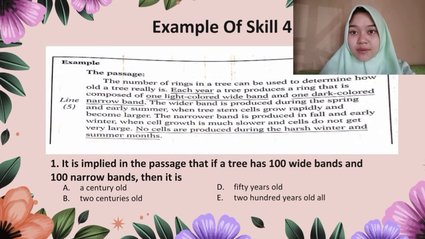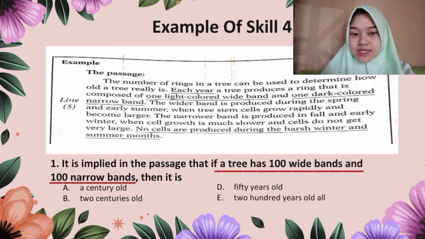Okay, for the example of skill 4, look at number 1. Firstly, you should read the question. Find the keyword in the question. The keyword in number 1 is 100 wide bands and 100 narrow bands. And then scan the appropriate part of the passage. Okay, look at line 2. Read the sentence very carefully.